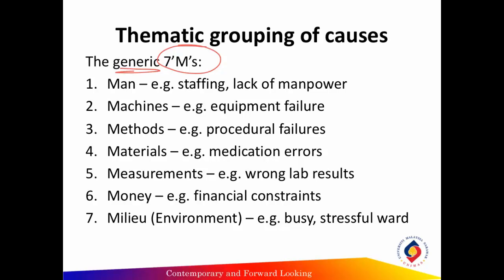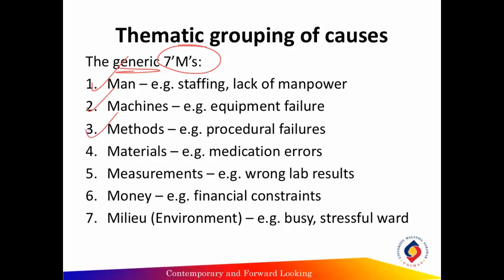These 7 M's are the cause due to manpower or man, and that includes the lack of staff, the lack of manpower, etc. The second M is machines, and that refers to equipment failures.